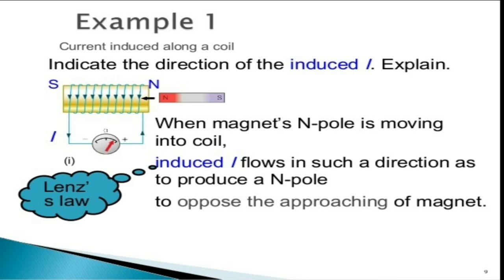When north is moved towards the solenoid, at that end of the solenoid, north polarity is to be induced, for which the current should flow in anti-clockwise direction. So that is how we can use Lenz's law here. North approaching means north is to be induced to repel that bar magnet.